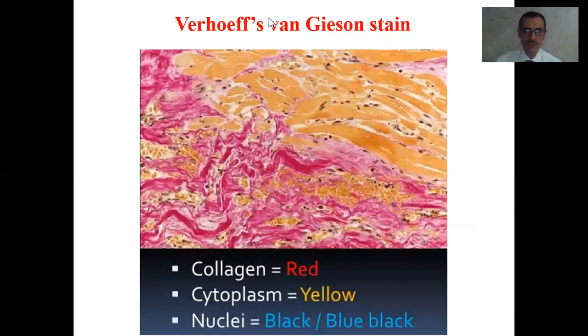Here you see the Van Gieson stain for obtaining the collagen fibers, which stain red here. This is similar, the Verhoeff or Van Gieson stain modification, the cytoplasm yellow and the nuclei of the cells black or blue-black.